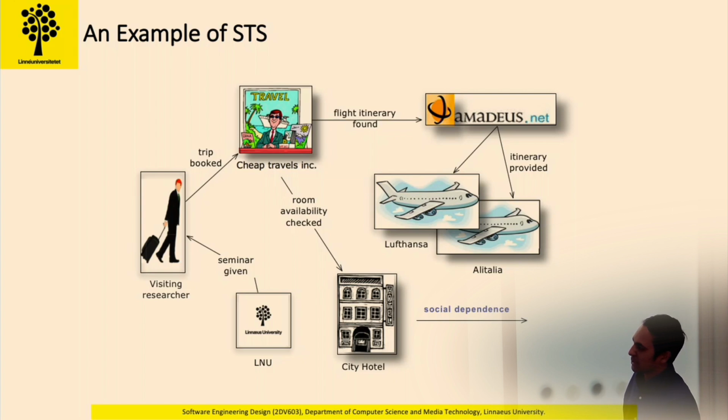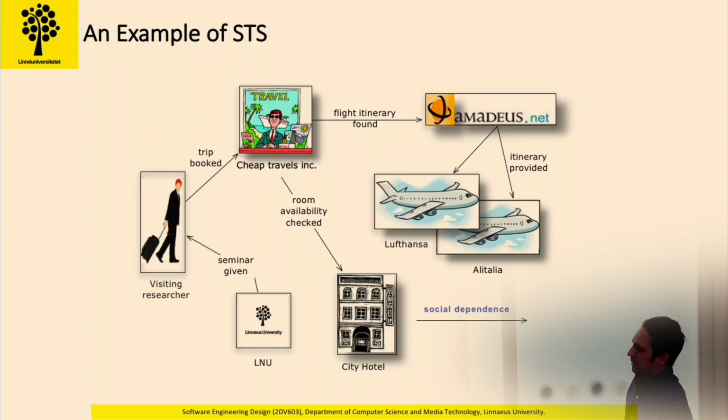He talked to the travel agency, Cheap Travel Inc., that will help him find a flight or make a hotel reservation. And if this agency wants to make a flight booking, it talks to a website, let's say Amadeus.net, or any other website, let's say booking.com, to find flights. And at the same time, he wants to find a hotel, even from booking.com or Expedia.